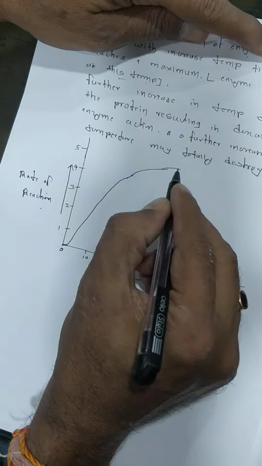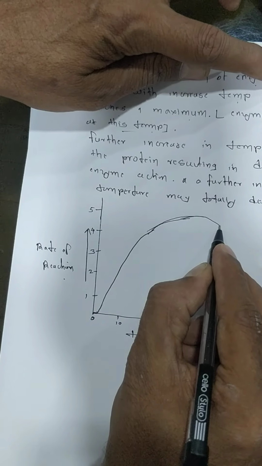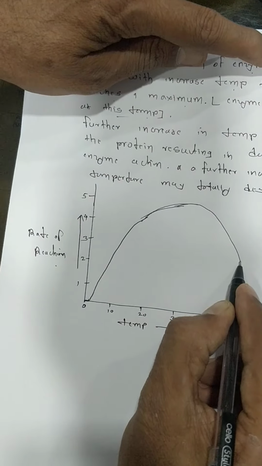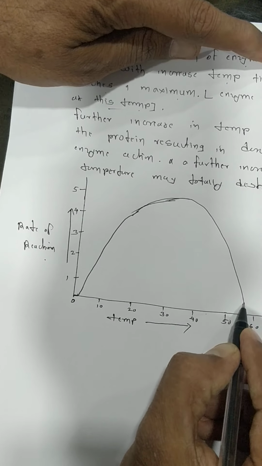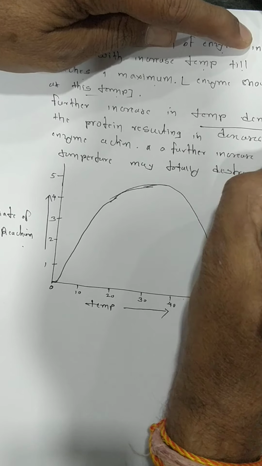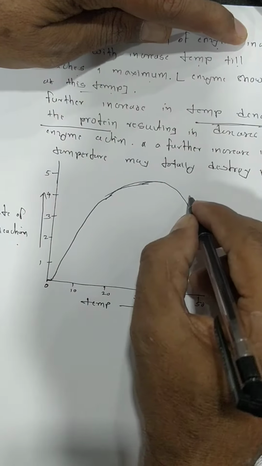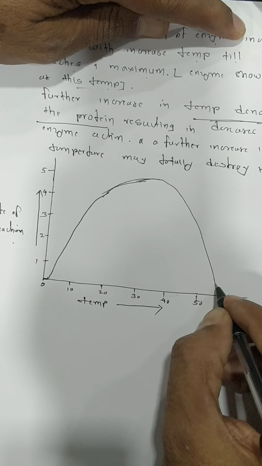In between 30 to 40 degrees Celsius it is active, and afterwards the enzyme is denatured, the proteins are denatured, and the reaction falls down.